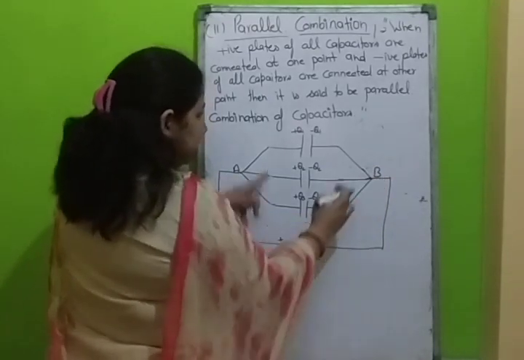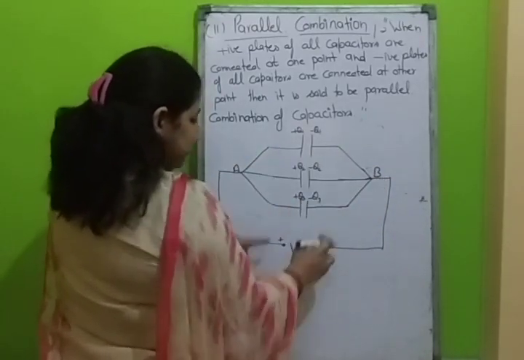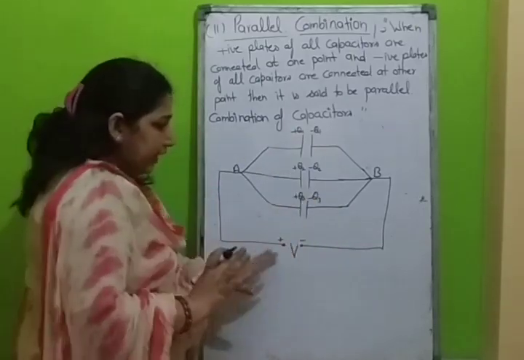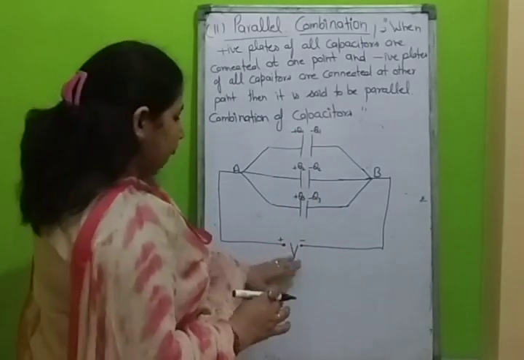It means it is received by this, by this, and by this. All 3 capacitors have equal potential difference V.